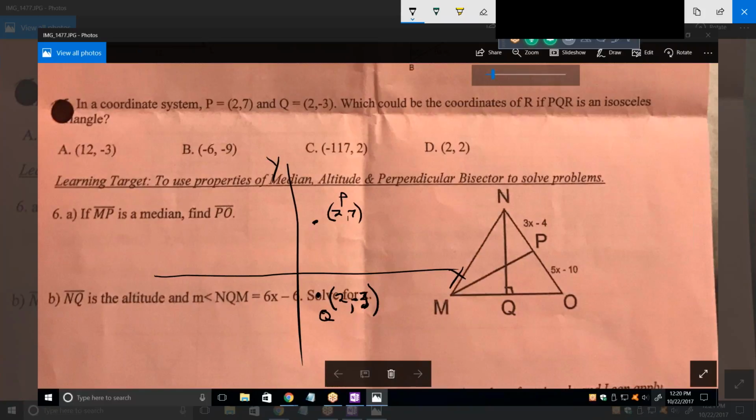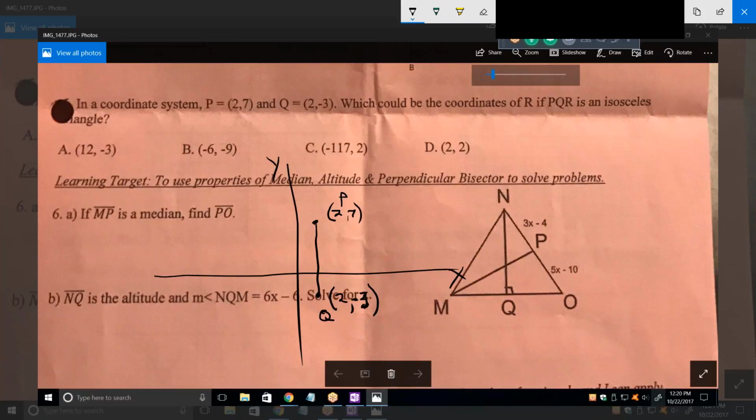Which could be the coordinates of R if PQR is an isosceles triangle? First of all, let's draw a line between there, because clearly that's one part of the triangle.